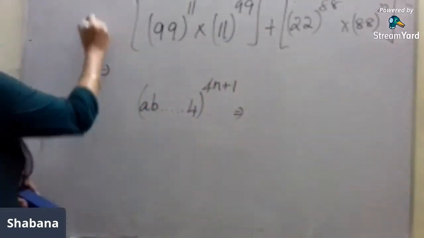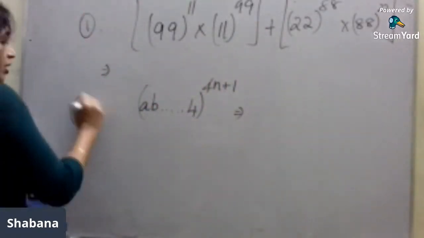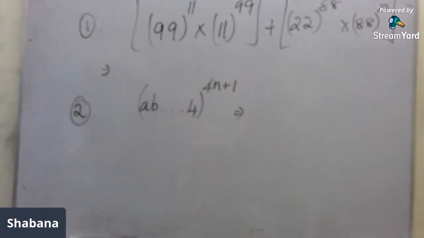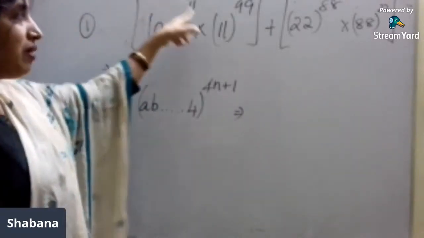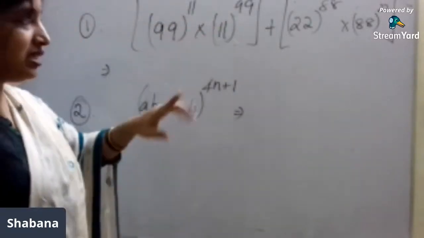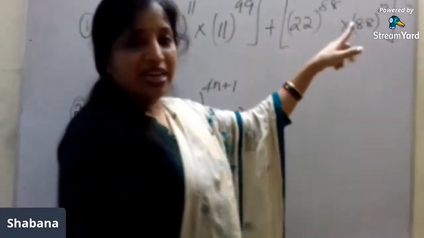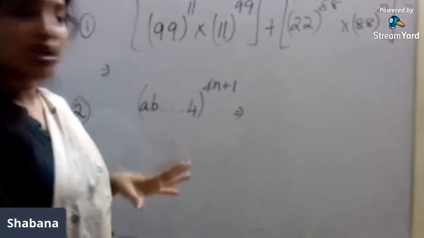I have noted down two different problems, so you can start solving and give the answers. That is 99 to the power 11 into 11 to the power 99 plus 22 to the power 88 into 88 to the power 22.